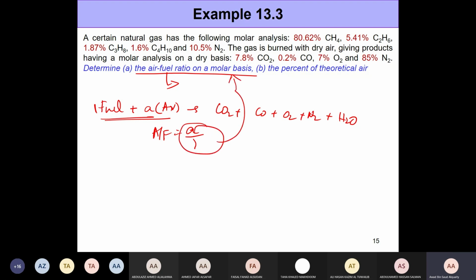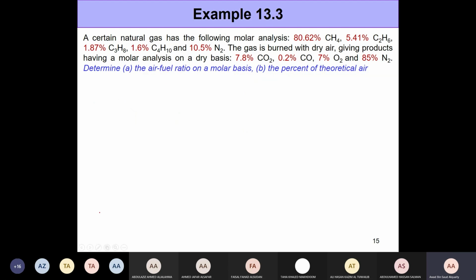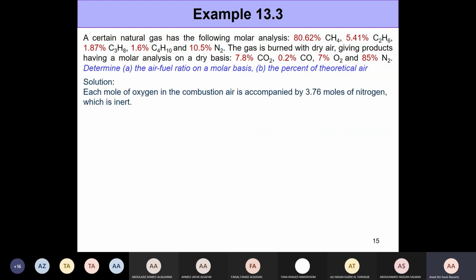For you to get the air-fuel ratio, the first part is the balancing. The way you write the balanced chemical equation is the same way that we did before. You write fuel plus air, which are the reactants, giving rise to the products. The products are already provided to you. Now, to start off, we can simply assume that we have 1 kilomole of fuel, and then we can write the equation.